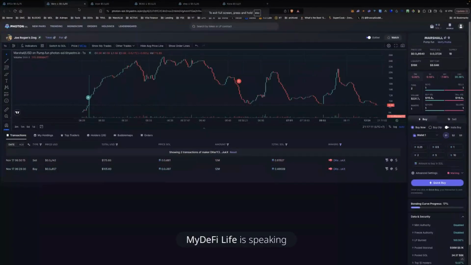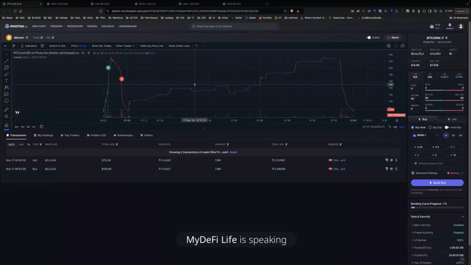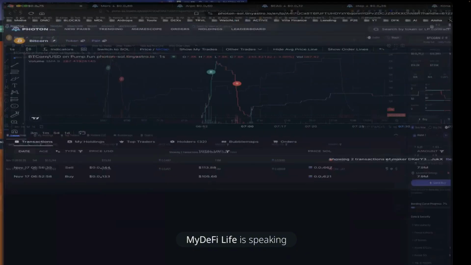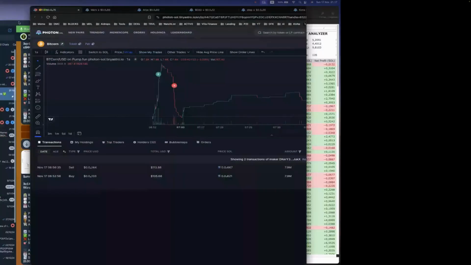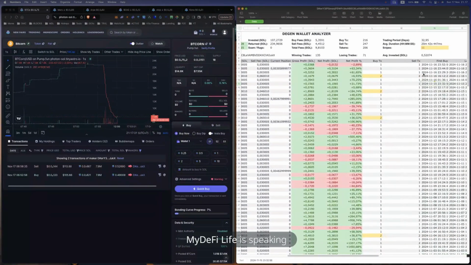Now, the wallet on the right, these are an example of the trades from the wallet on the right. Now it's got a 65% win rate, trading quite a lot of tokens every day.